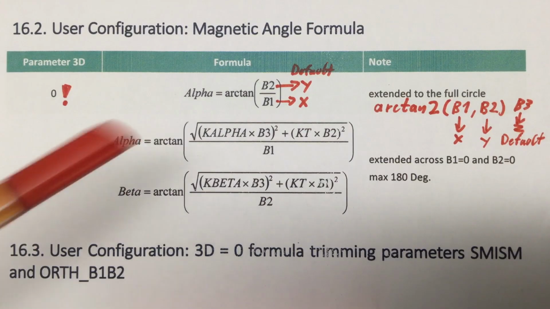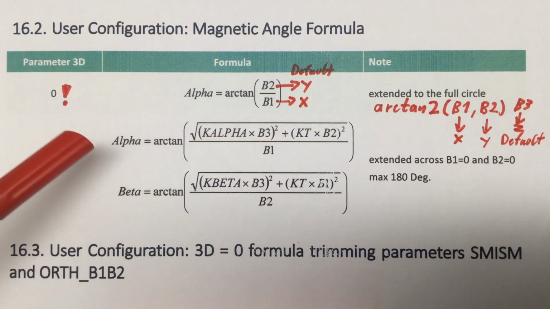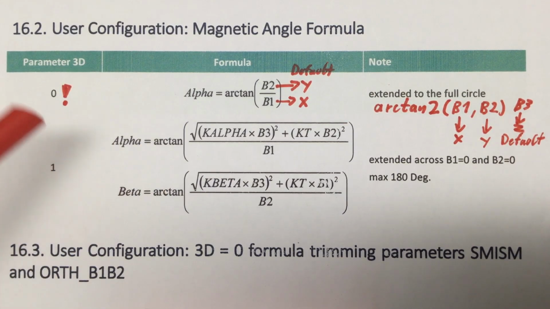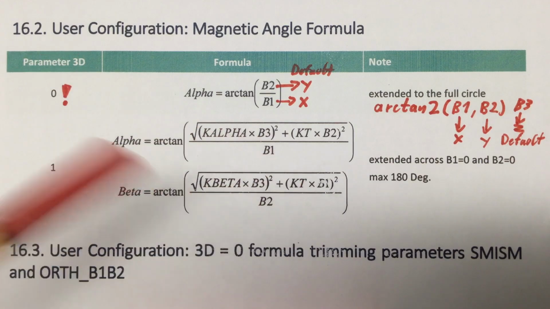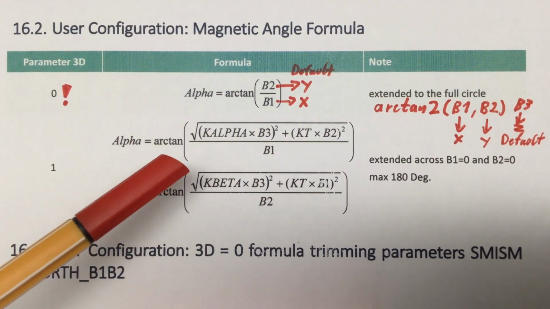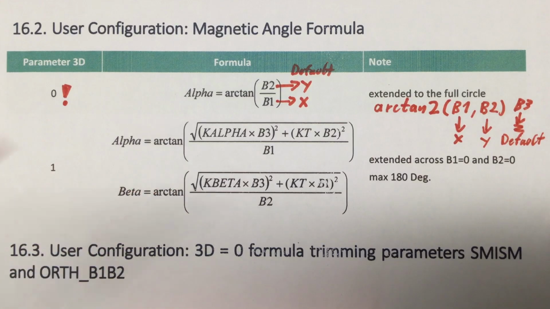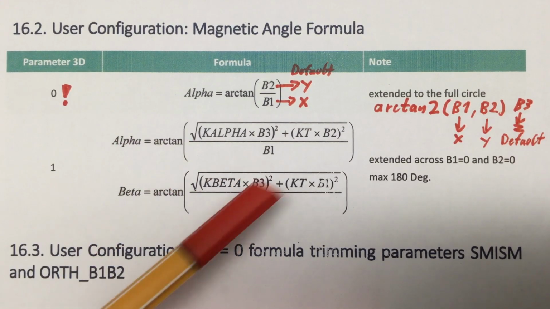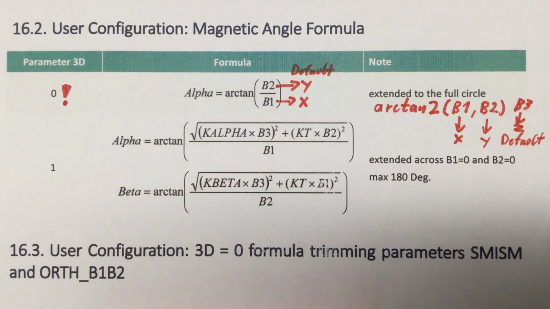We already had a detailed look at the formulas for the alpha and the beta angle in 3D mode, as they are given in chapter 16.2, in the previous video. However, back then we completely ignored these KALPHA, KBETA and KT parameters.